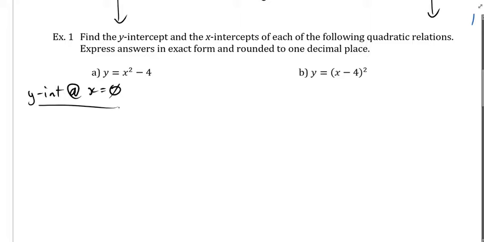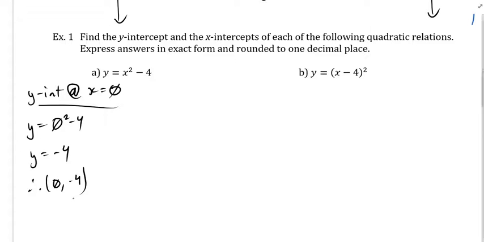Okay, and all you do is y equals 0 squared minus 4. So I just sub 0 in for x, because it says x equals 0. What's 0 squared? 0. What's 0 minus 4? Pretty easy, so -4. And we're going to state the point again just because we're trying to remind ourselves that it's a point, not a line. It's not the line y equals -4, it's a point.